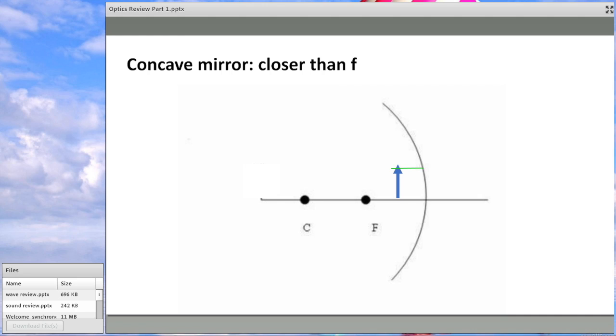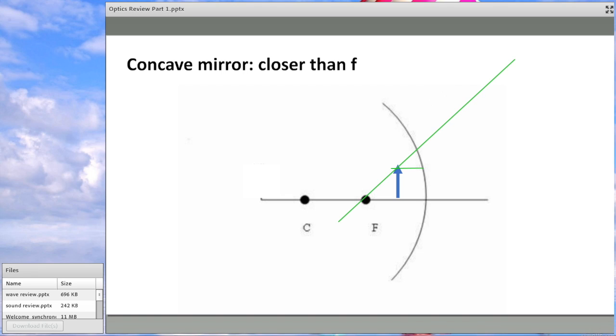You want it at the very top of your arrow, and then you want to go through your F, and you want to intersect through this. Okay. So you've got one where you're going parallel to the top of your arrow till you hit the mirror. And then you're going to go through your focal point till you hit that line and go all the way up. Okay. And that's your first one.